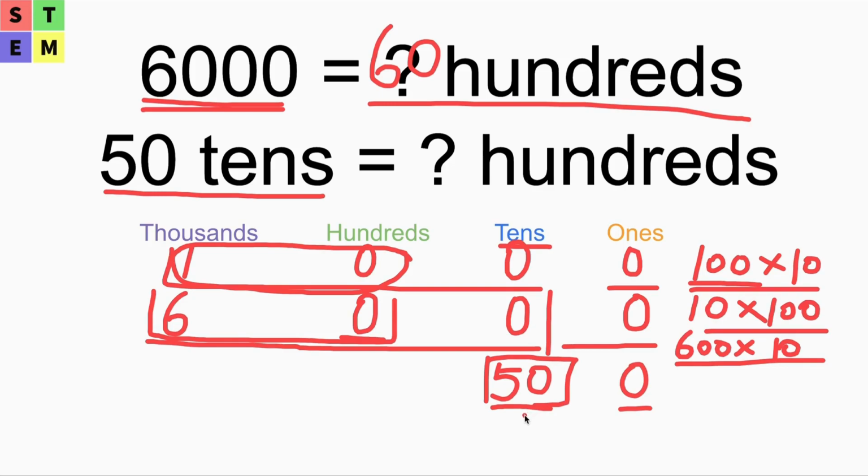We will have 0 here, and we need to put 5 here, because the 5 there is hundreds, right? So now it's quite obvious. With 50 tens, we've got 0 here and 5 here. So it's basically 500. That's why 50 tens equals 500.